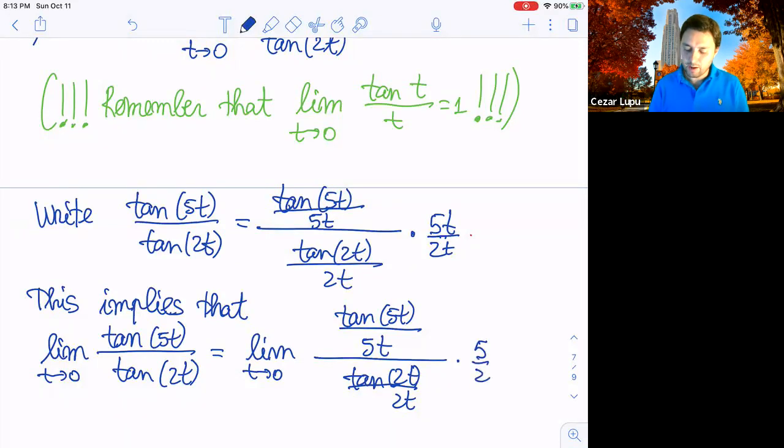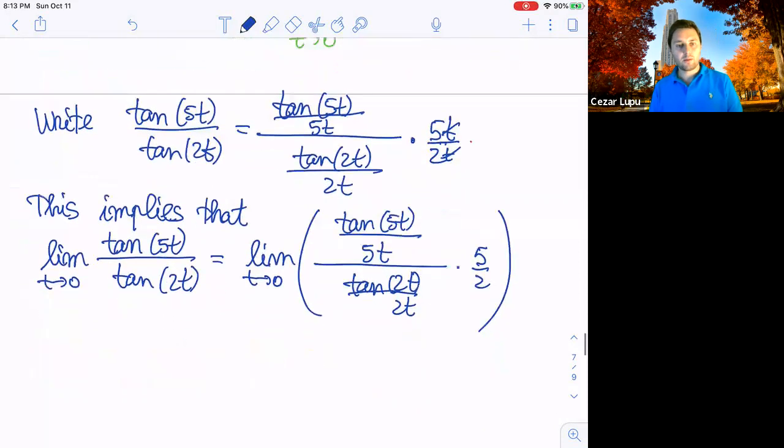This t will just vanish here. All right, so we can write it in this way, and now let's take this constant outside the limit, so it will be 5 over 2 times, and now we'll apply the quotient rule. So here I apply the quotient rule.